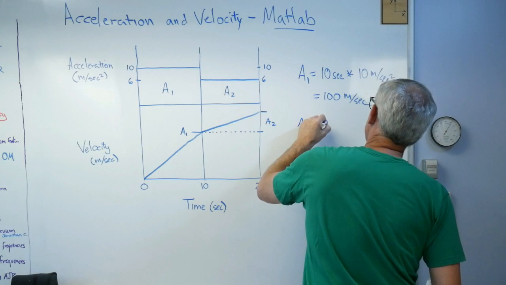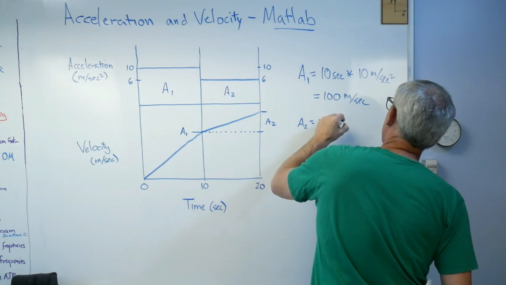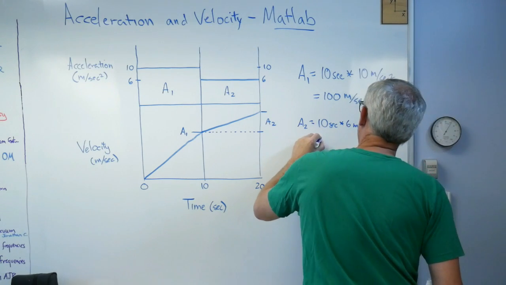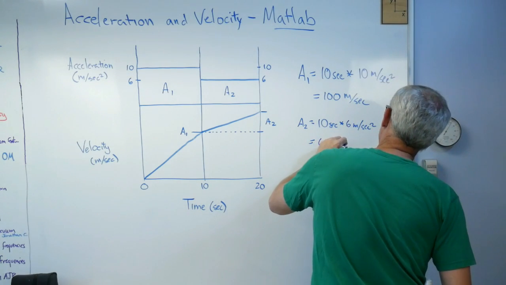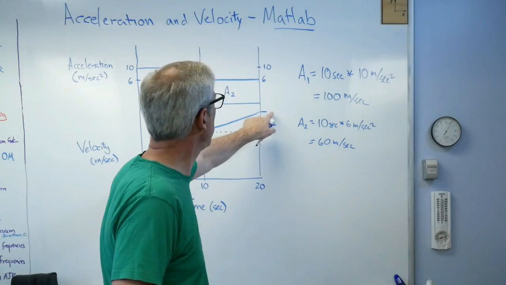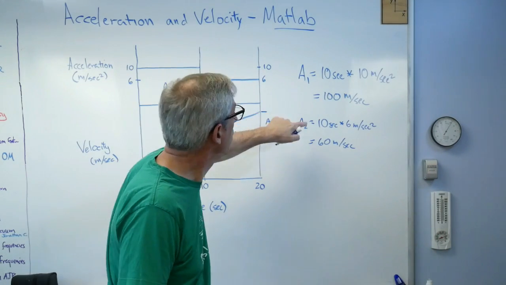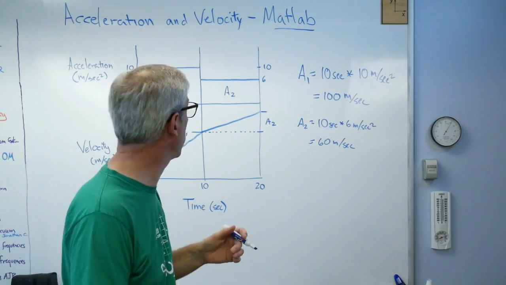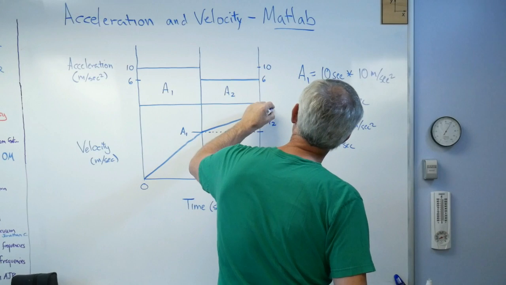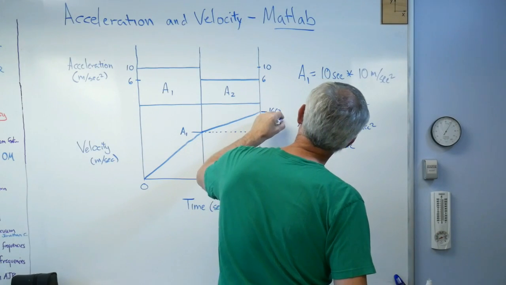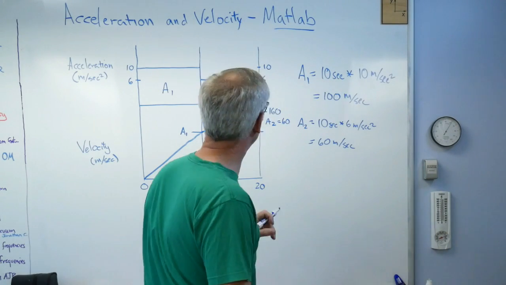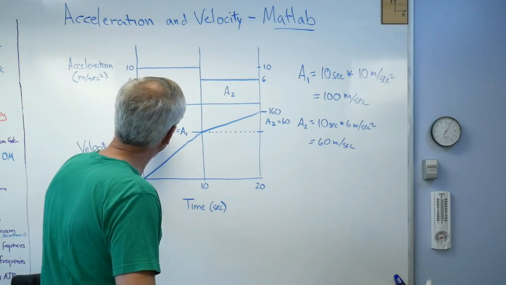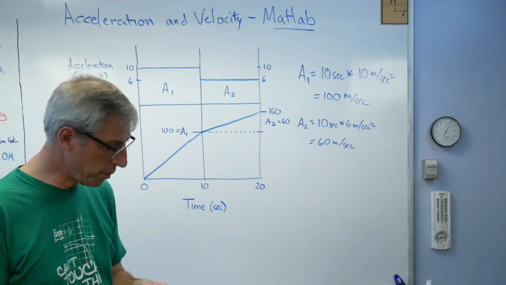So that's 10 seconds times 6 meters per second squared, and that's 60 meters per second. This is not 60 meters per second right here. This is the change in height on this second plot, which is 60 meters per second. So that's actually 160 right there, and a2 is 60. So a2 is the difference between those. There, got all the numbers in there. So that's what it's supposed to look like.